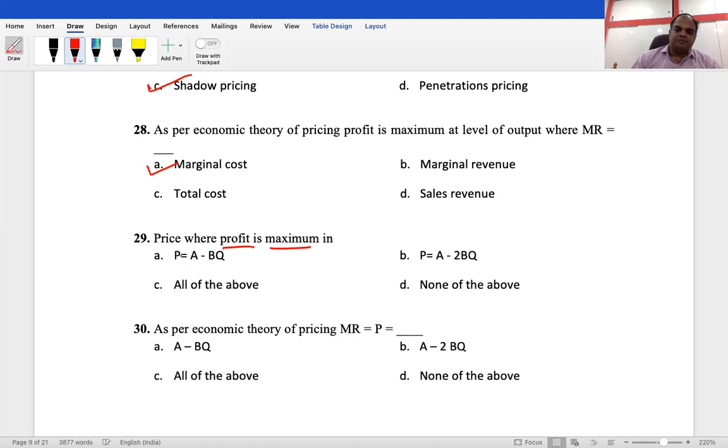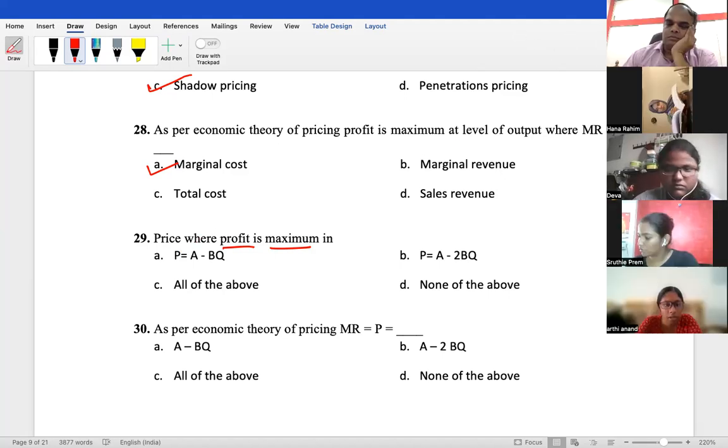The class notes PDF itself is available, kindly refer. The basic price equation is P equal to A minus BQ, and marginal revenue is A minus 2BQ.